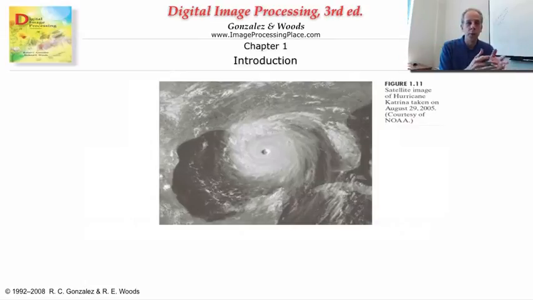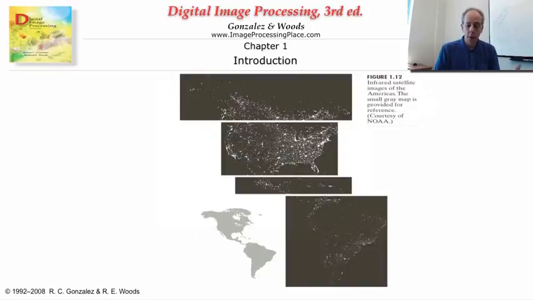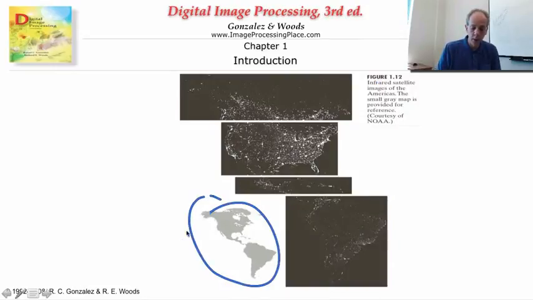The previous slide was, for example, to understand the material in the ground. Here it is to track a hurricane. We have also satellite images of the Americas, and this illustration is just to help you locate on the map where these images are from.